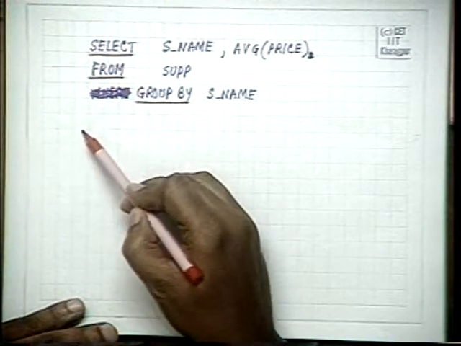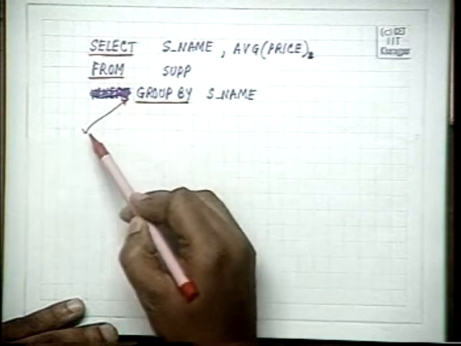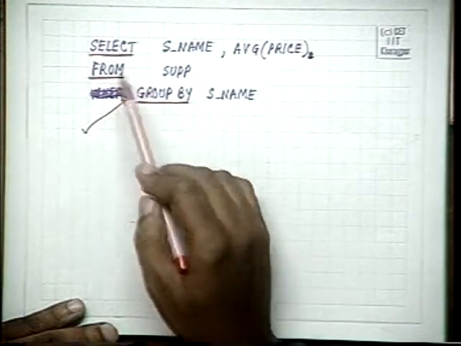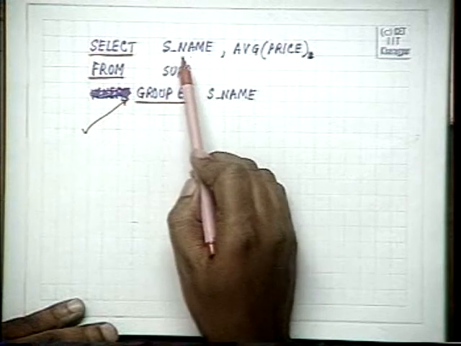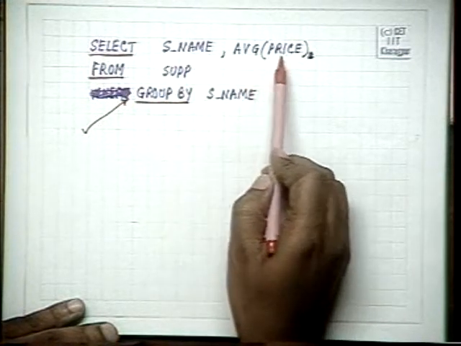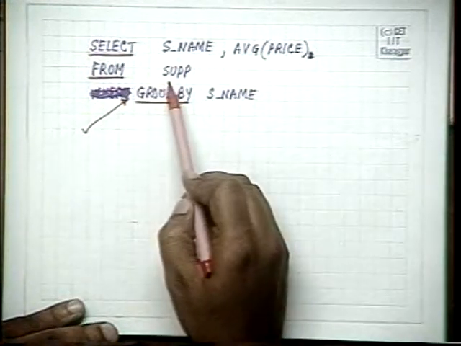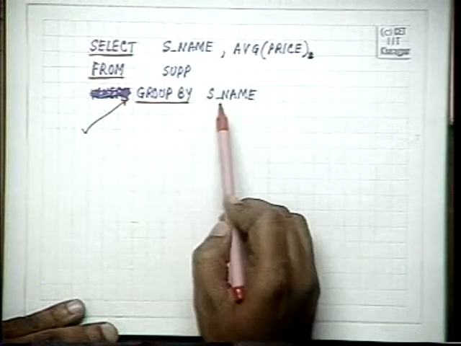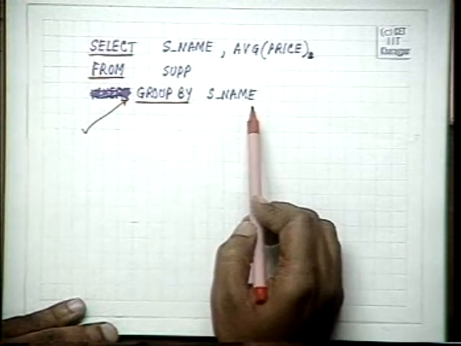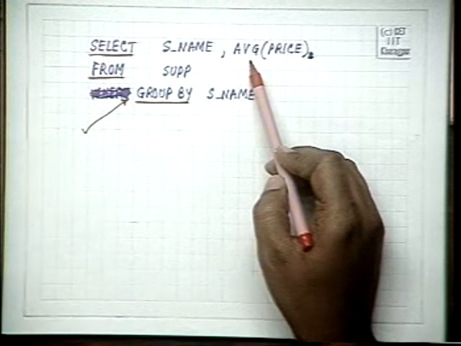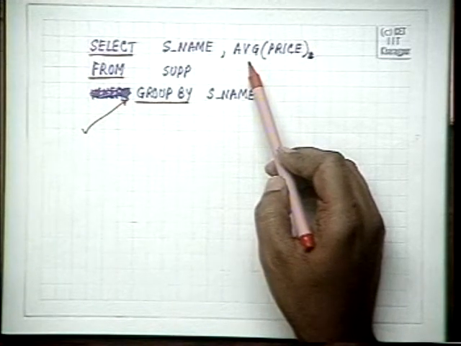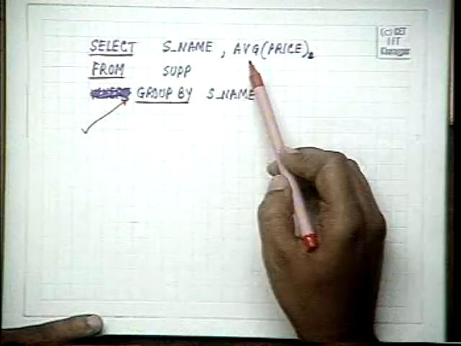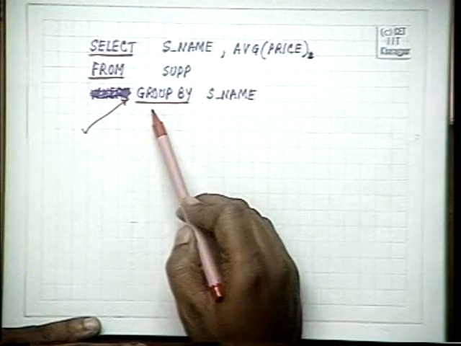We have the additional clause here, group by. Select S name, average price from sub group by supplier name. Now the aggregating functions will be on groups because they are aggregates. Average is an aggregate of a set, so that set will have to be defined by a group definition.